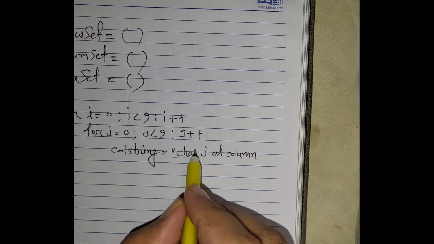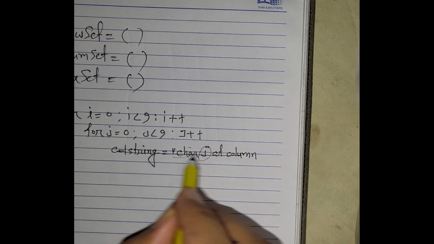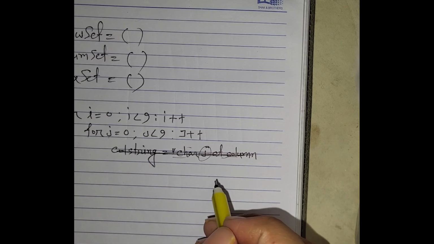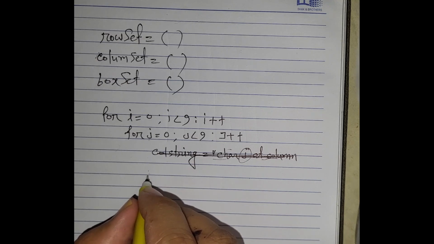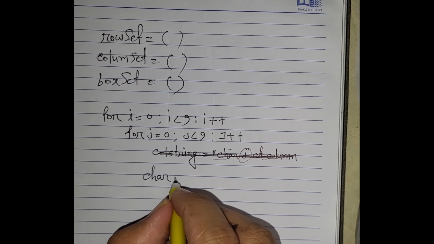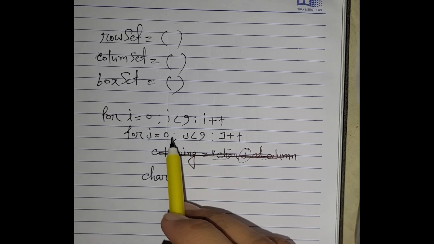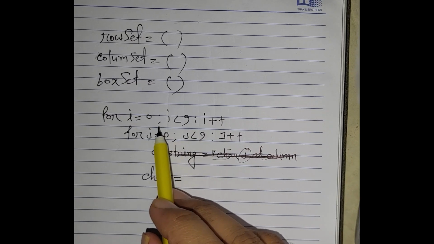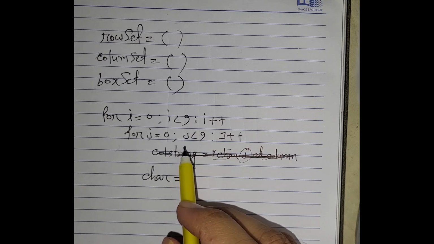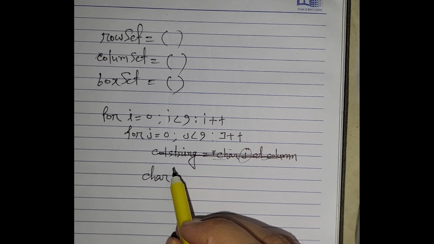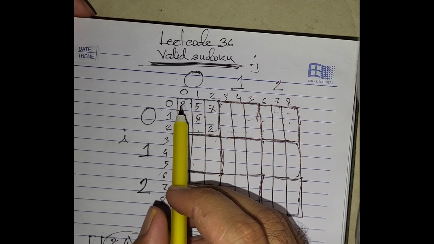Okay, to get the character, we have to get the character first. This is just the index number. We have to get the character first. And I will take a variable, call it character, or char for short. So if our variable name is board, what is the first item?